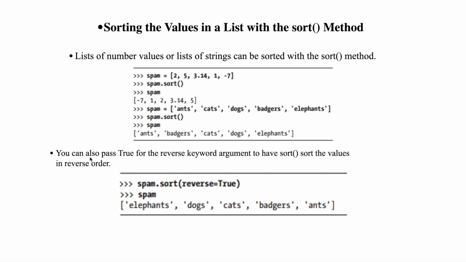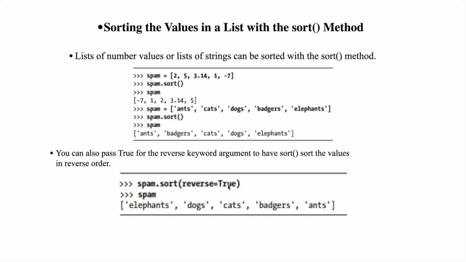Suppose you want to sort in reverse order. By default, alphabetical order will start from A. Now I want to sort from the last letter, not from the starting letter. How to do that? Using the reverse keyword. See, spam dot sort reverse is equal to true.